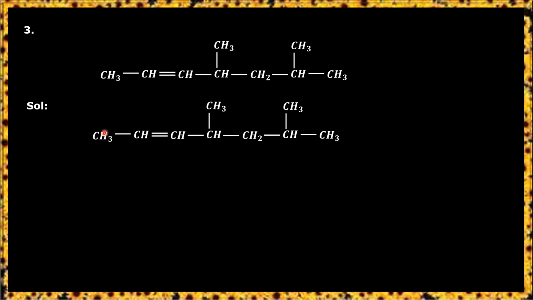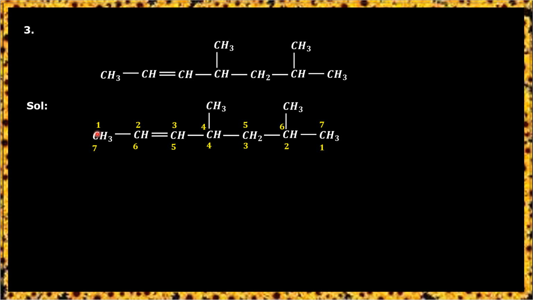In order to know that, we should know that double bonds or triple bonds are given more importance than substituents. These are the substituents. That is, the carbon atoms bearing multiple bonds should get the lowest number possible. So here I am numbering the chain from left to right and from right to left also.